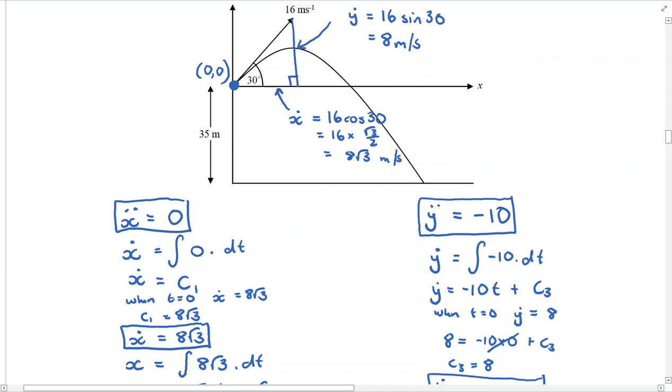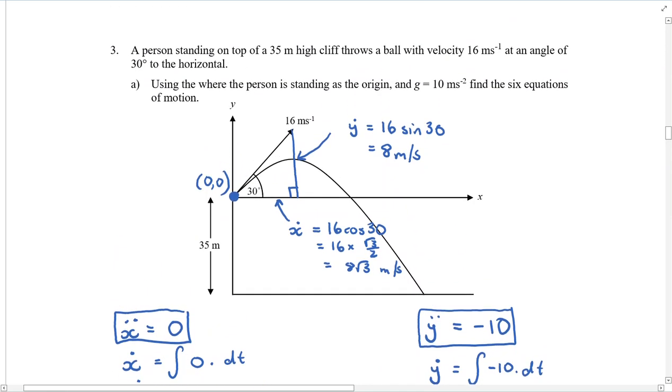Sometimes, if you were just left to choose, you could choose whether the origin was at ground level or where they were shooting from. The question said that the origin had to be where they were standing, which is at the top of that cliff. Which means initially, they have not moved at all, vertically or horizontally. So y would be equal to 0 as well. But it does mean that where they land, they're going to be landing negative 35 meters below the origin.